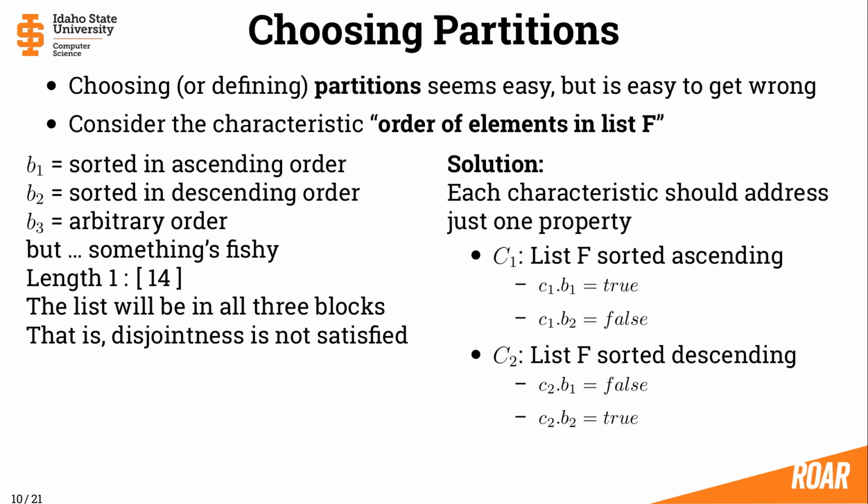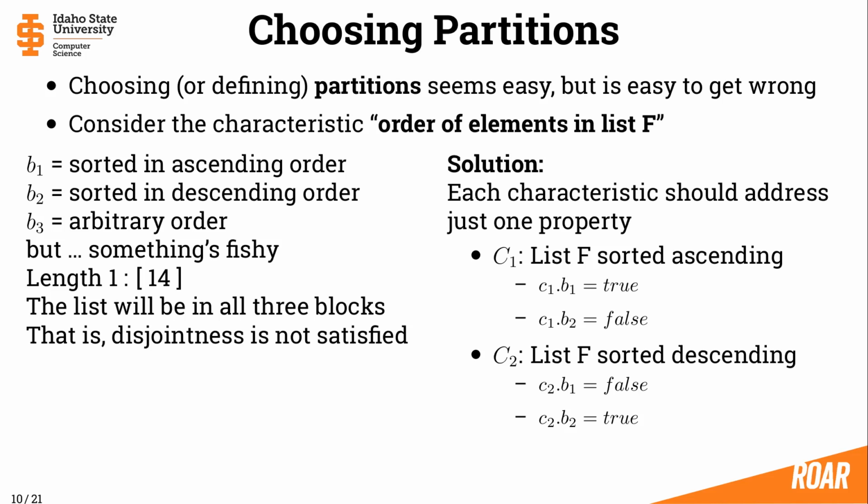So we create C1, which is list sorted ascending, okay, this is the characteristic, and then we break that into 2 blocks. It's either the true block, or the false block, where true means it's ascending, or false means it's not ascending, okay? And then same thing for descending, right? We create block B1, which is false, and B2, which is true, all right?